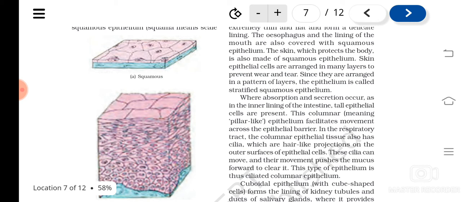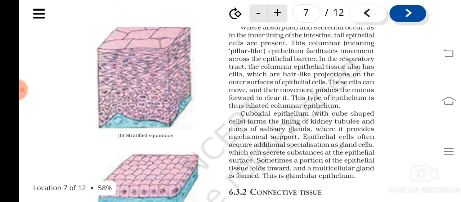Understood? So this type of columnar epithelium with cilia is known as ciliated columnar epithelium.